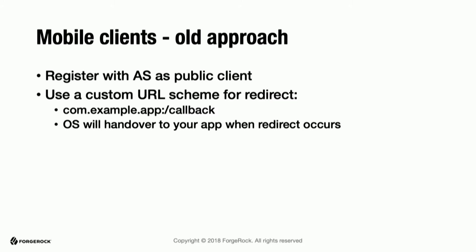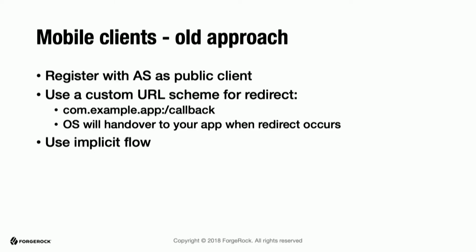So they don't have any credentials, and we rely on a unique callback when they get redirected back from the authorization server as the main way the authorization server is authenticating this app. It used to be the case that we'd recommend a private use URL scheme, so com.example.app rather than HTTP.